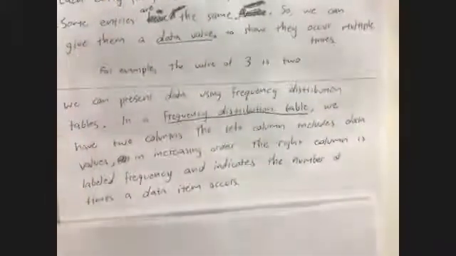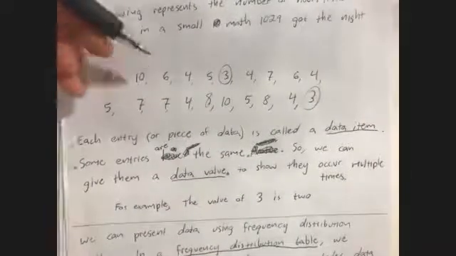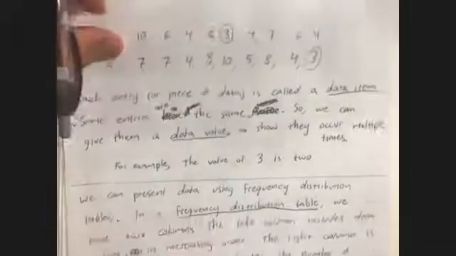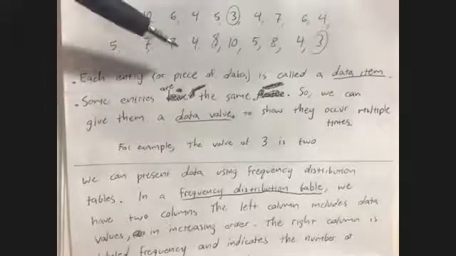But I'm going to make a frequency distribution table. And these have 2 columns. The left column is the individual data values in increasing order. So when I go to do it, my smallest number is 3. And then I got a 4.